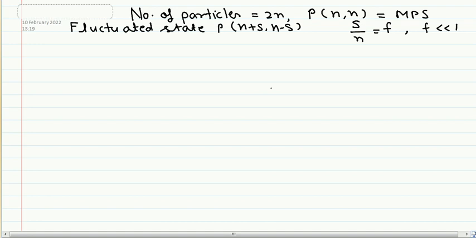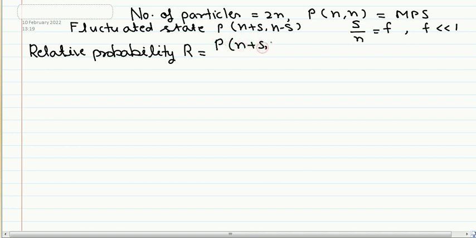So a small fluctuation from the most probable state. And now again we will calculate the relative probability R. That relative probability is the distribution corresponding to n plus s and n minus s, divided by the most probable distribution, which is n and n. So now let us write this.